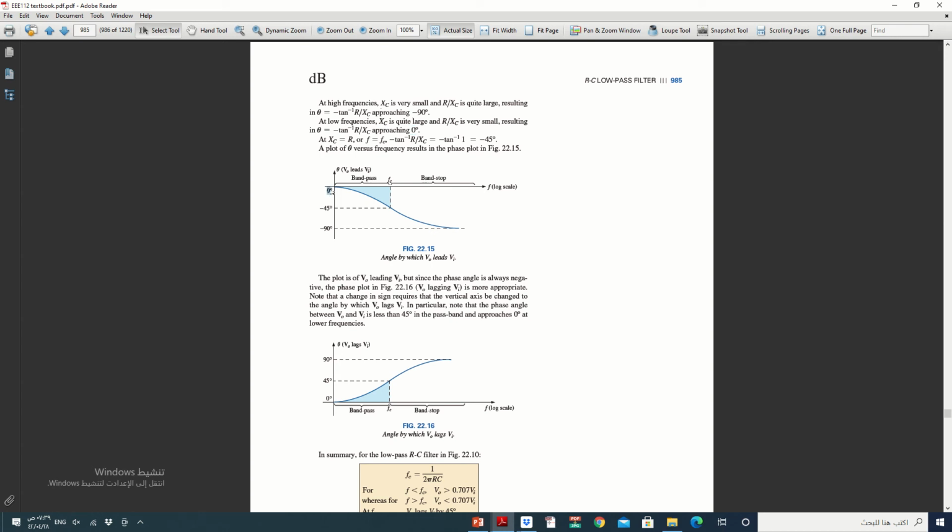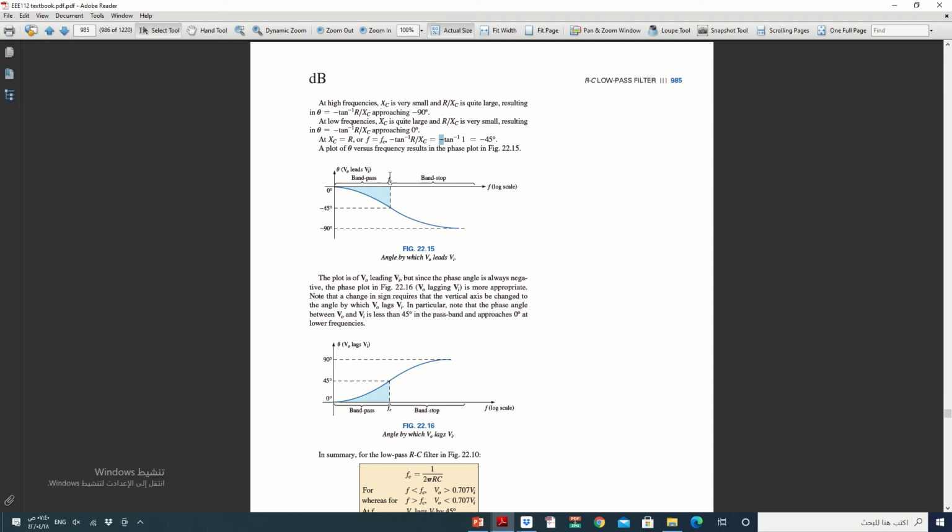What about if we substitute xc equal to r? This means tan inverse 1, and we know that tan inverse of 1 is 45, and because of the minus here, it's minus 45.